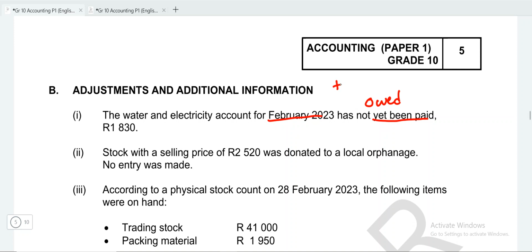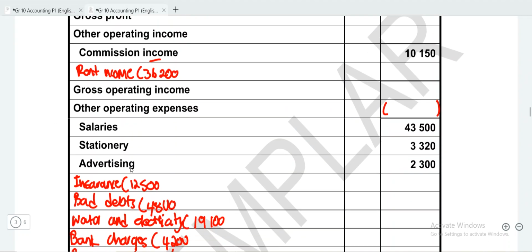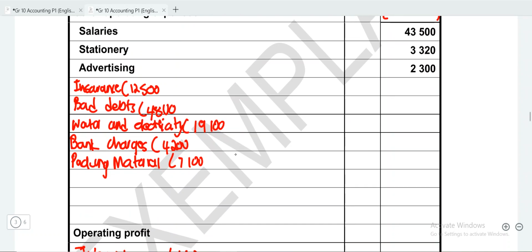So when we increase it, we are going to add. So this means it will now make our expense for water and electricity to be equivalent to 12 months. So on water and electricity, we're going to say plus 1,830. So we have recorded the first one, plus 1,830.